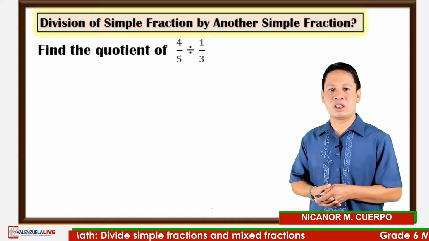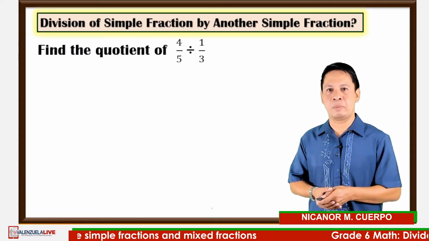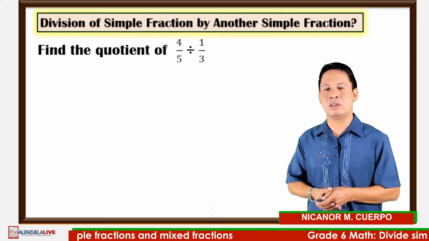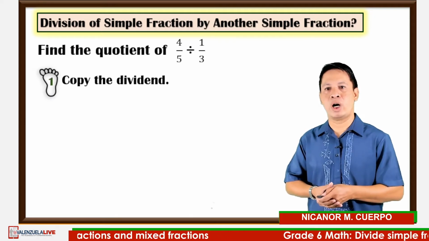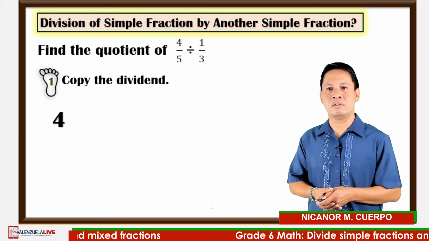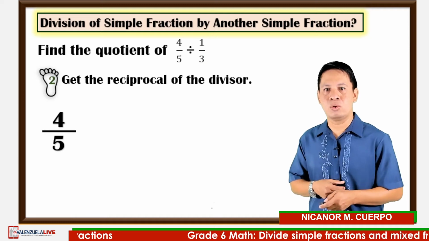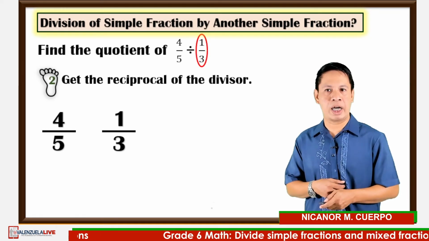Now, let us try to solve this division problem. Find the quotient of 4/5 divided by 1/3. Step 1, copy the dividend. Step 2, get the reciprocal of the divisor.